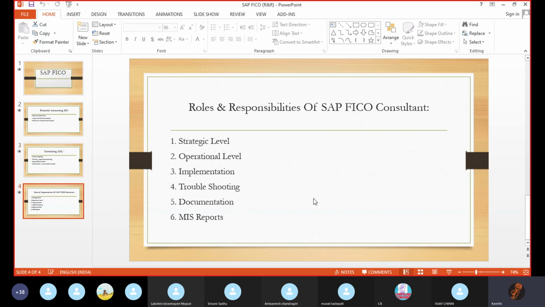Coming to the roles and responsibilities of an SAP FICO consultant, we have 6 levels here. First one is the strategic level. At the strategic level, the main things are planning and decision making, while implementing SAP for the first time. For example, BMW wants to implement SAP for their company.